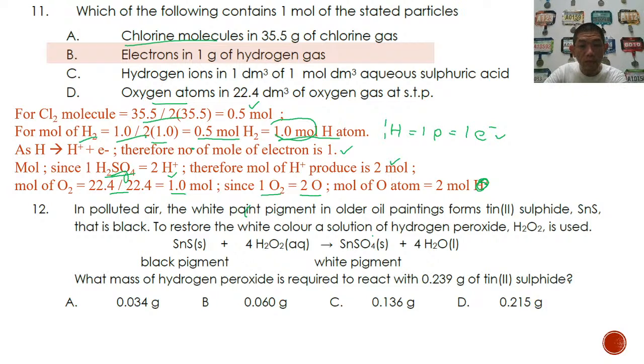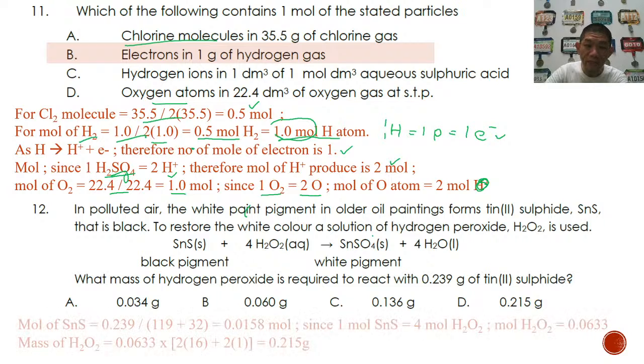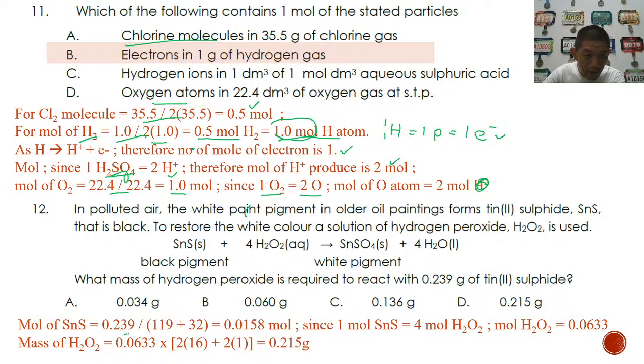So in here, based on the equation, you have to calculate the mole first. How to calculate the mole of tin sulfide? Start with 0.239 divided by the RMM, 119 plus 32, you get 0.00158 mole. Stoichiometrically, 1 mole of SnS is equivalent to 4 mole of hydrogen peroxide.